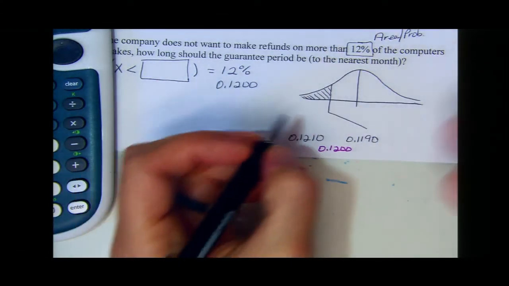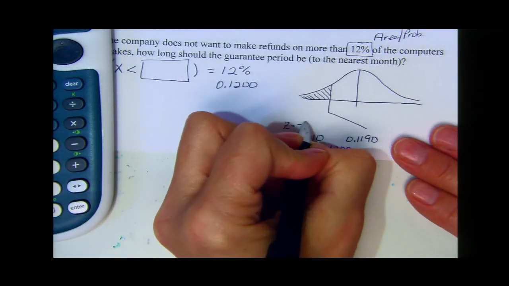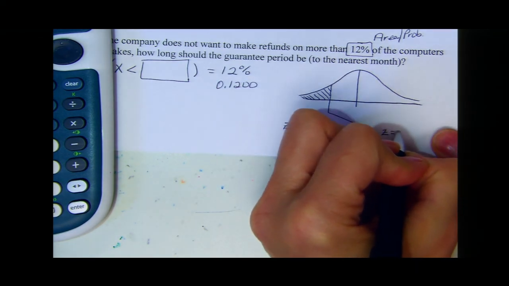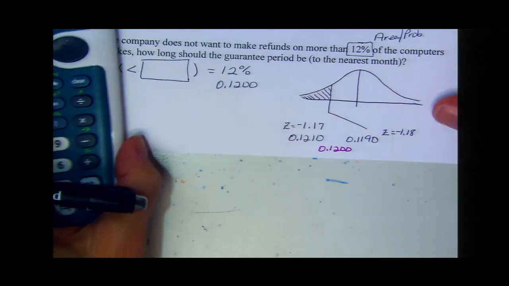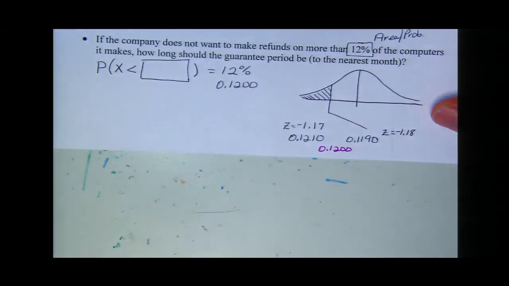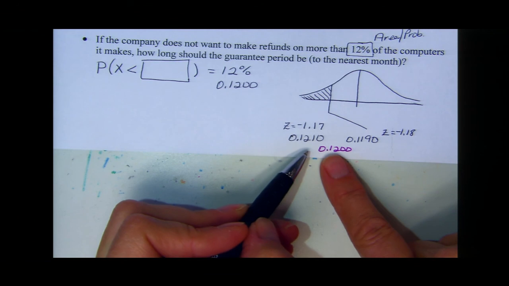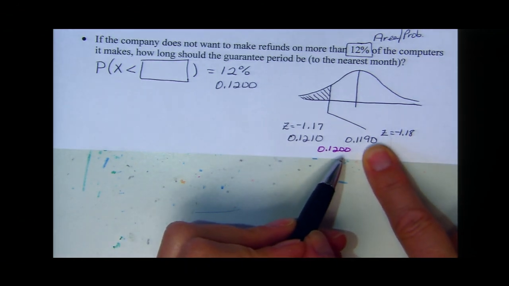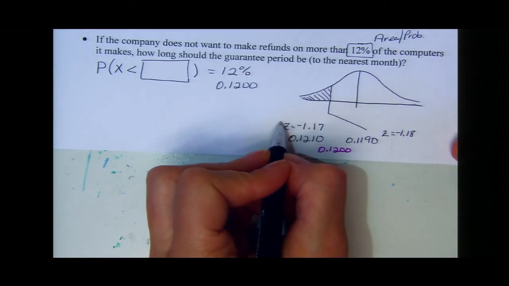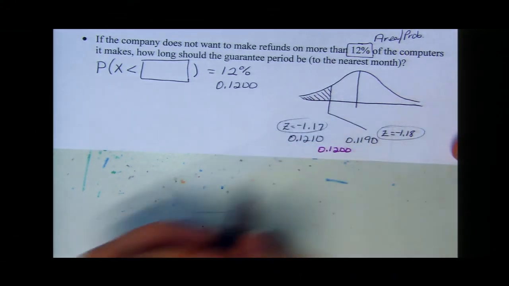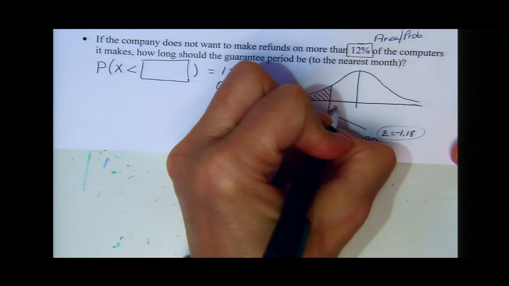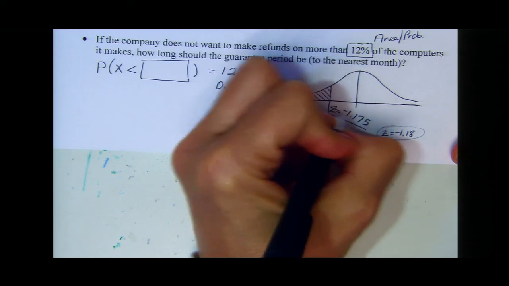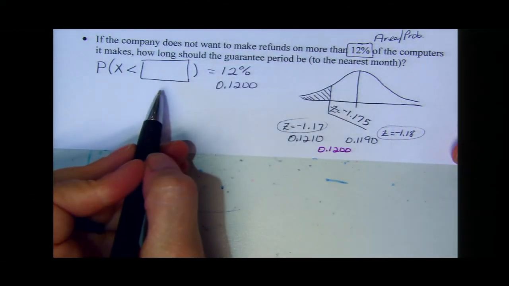This z is negative 1.17, and this z is negative 1.18. Okay, which one is it closer to? Well, it's 0.0010 and 0.0010. So this one is smack dab in the middle, so I need to average these. So add them and divide by 2, and you get z equals negative 1.175.